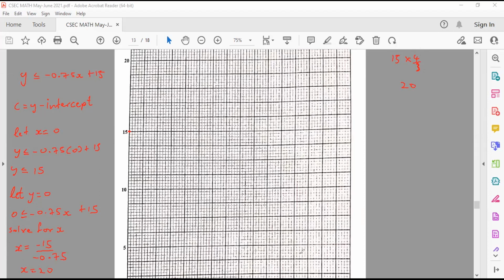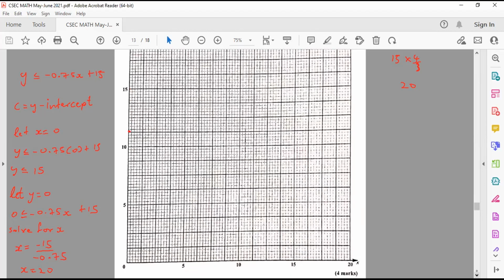I can't see the lower end of this, let me try to see it really quickly. Okay, it's right there. So y equal to 15, x equal to 20, and I'll just draw a line.